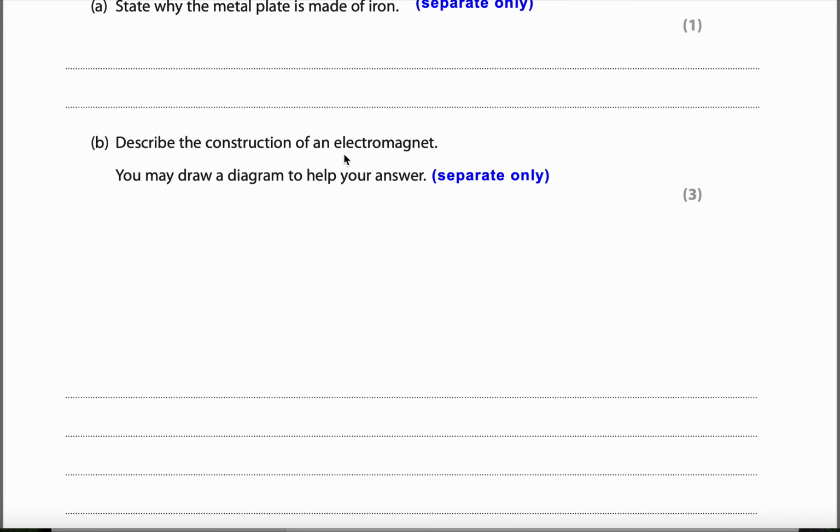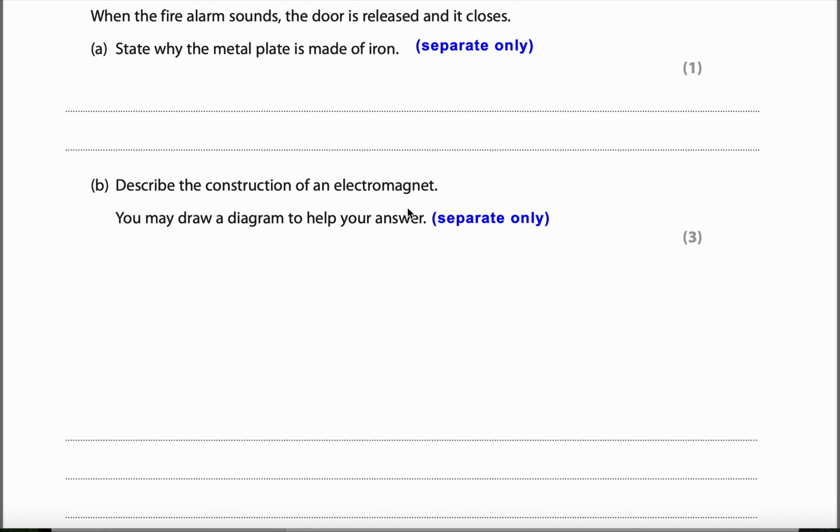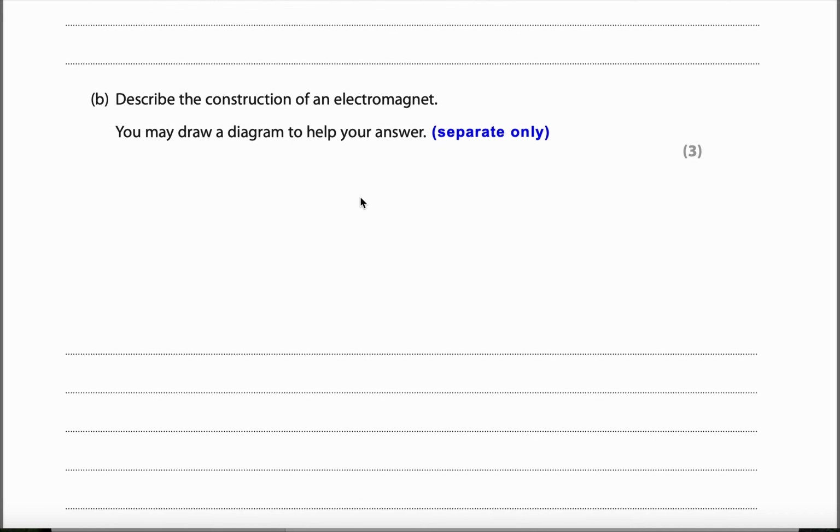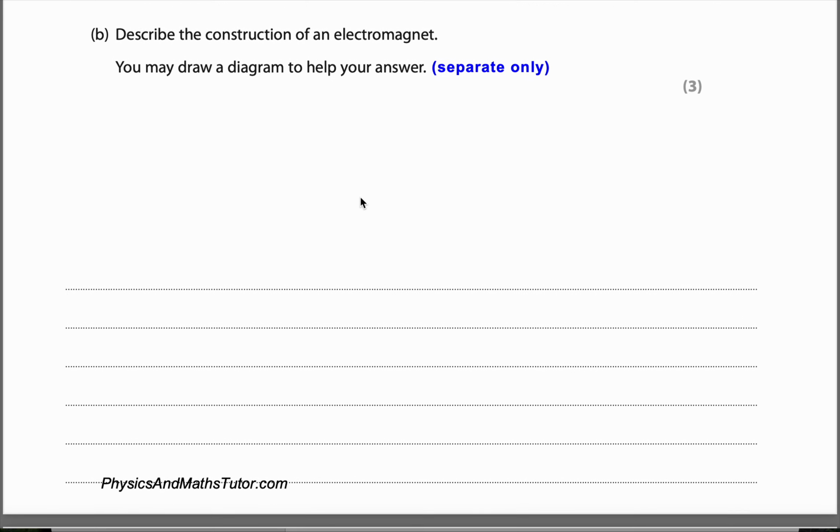And when you switch it off, it will release the piece of iron, the metal plate, because the electromagnet is now no longer magnetic. So this is what they use in junkyards to lift up steel cars.